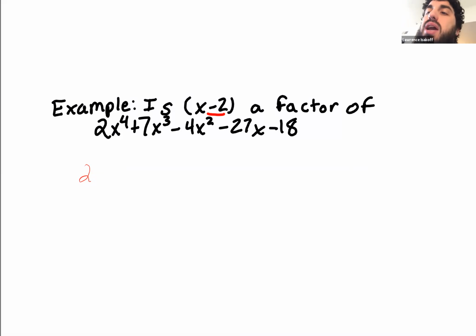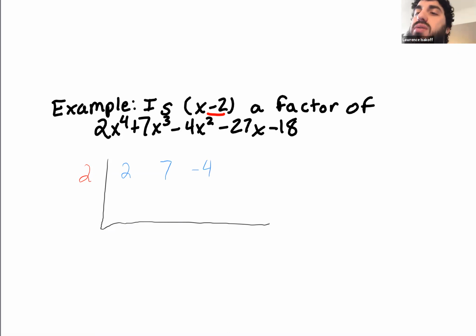So that's a 2 there. Draw my partial box. Then this says, let's see, 2x to the 4th. Then that's 7x cubed minus 4x squared minus 27x minus 18. No terms are missing, so no zeros needed.